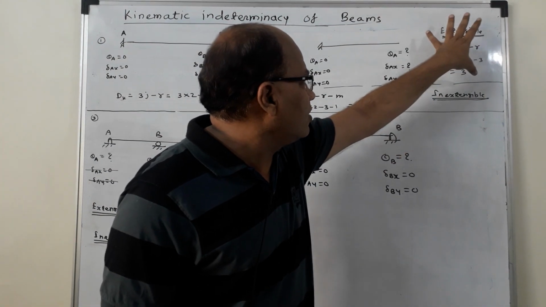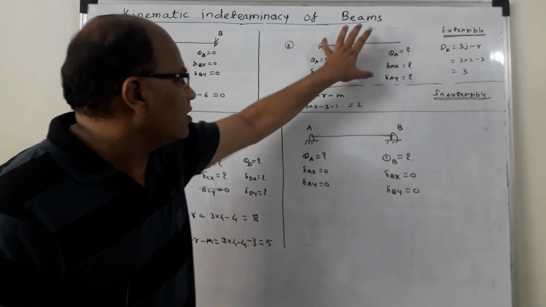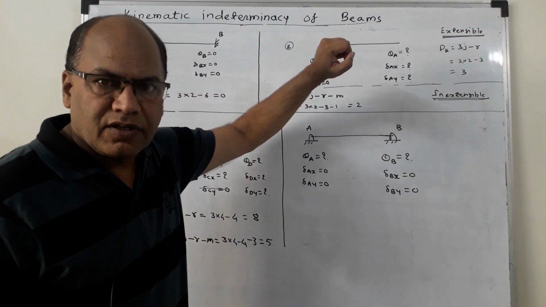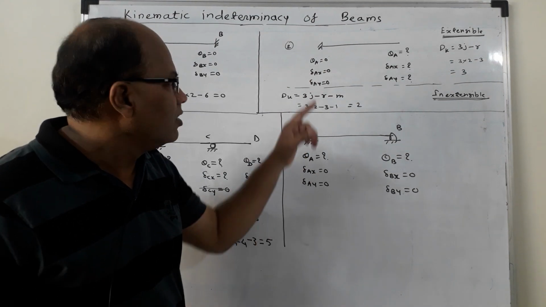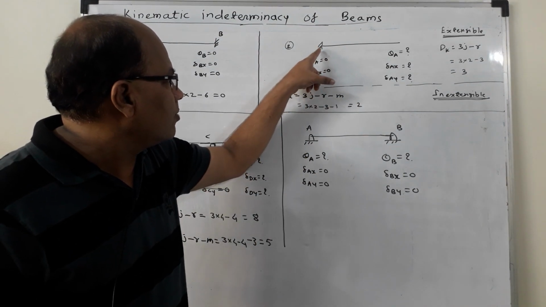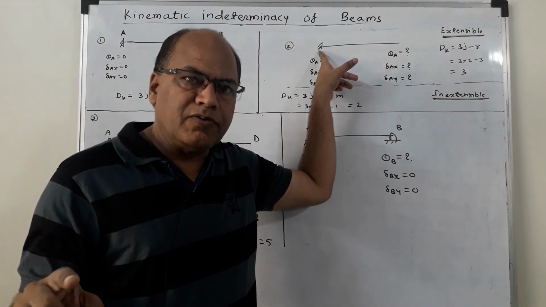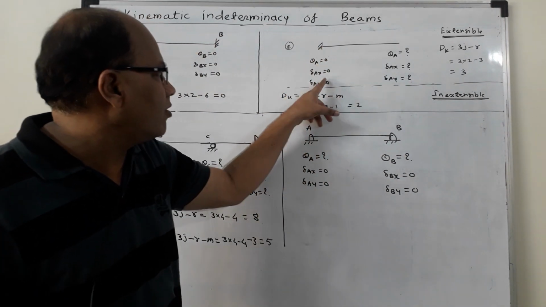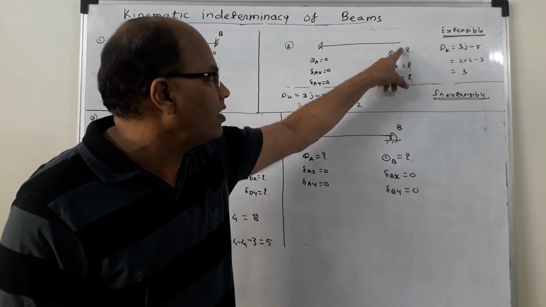We can calculate the degree of kinematic indeterminacy by using the concept of degree of freedom also, means the number of unknown displacement components. Now here this support is fixed and we know that the degree of freedom for a fixed support is 0. The degree of freedom of the free end is 3.